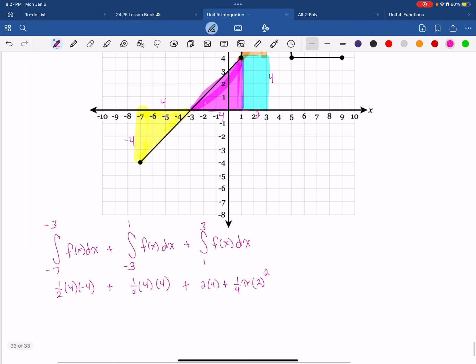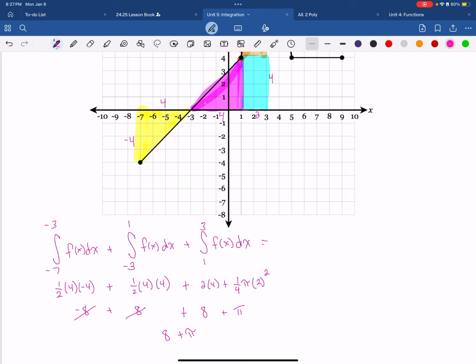What you'll notice happens a lot is in this case we have -16 times 1/2, which is a -8, plus a +8, those areas actually cancel each other out, plus 8 from my rectangle, plus pi. So these guys cancel, and we end up with our answer of 8 plus pi.